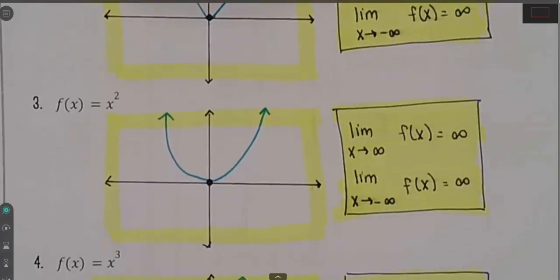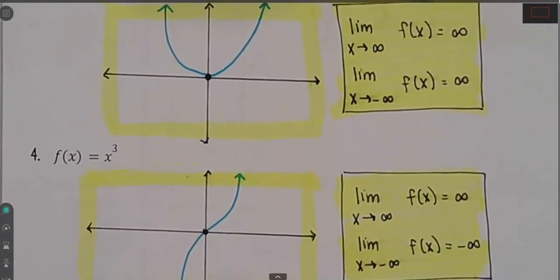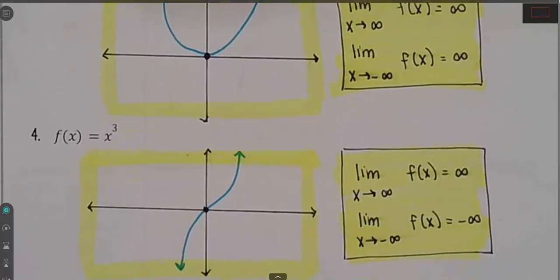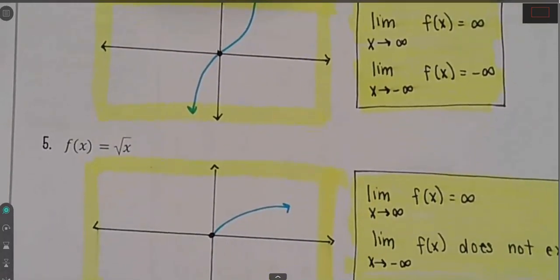All right, here are the next two. And here is the last one.